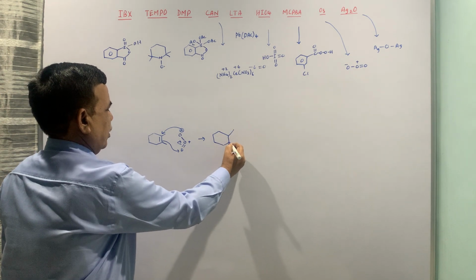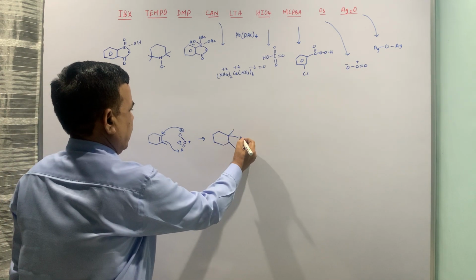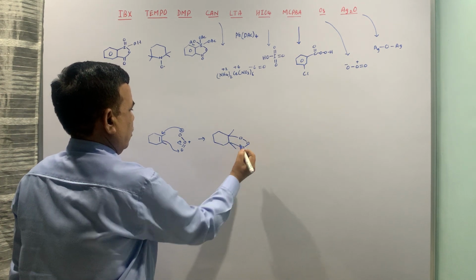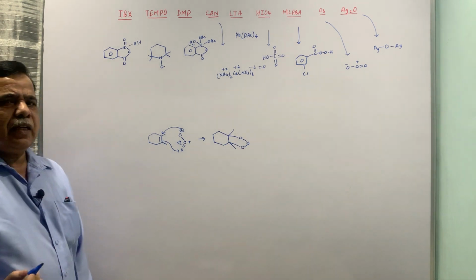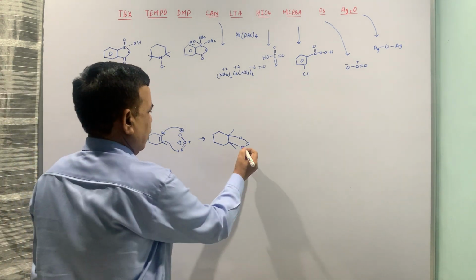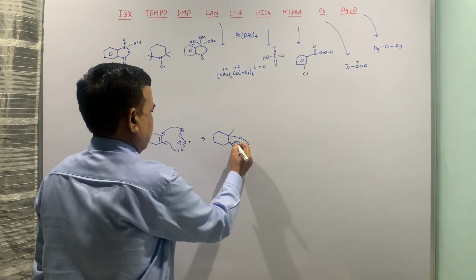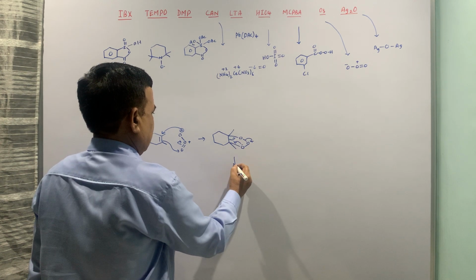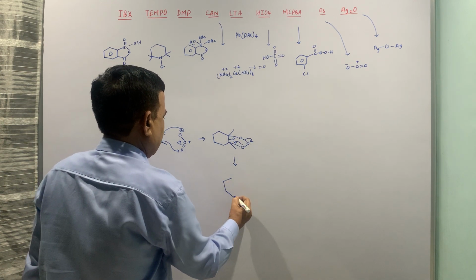Now let me put these groups here, O, O and O. This is molozonide. Now this molozonide reorganizes or rearranges. This is a small rearrangement, you can say.